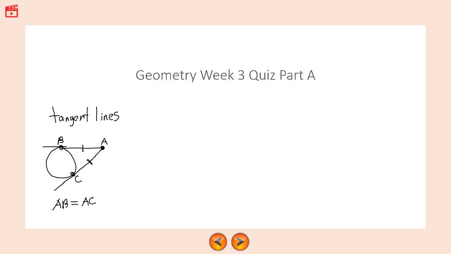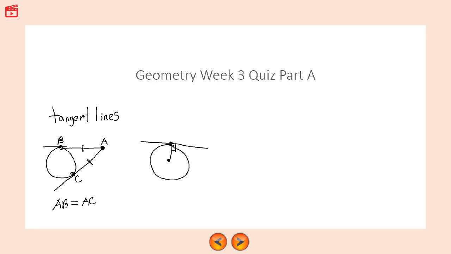Other relevant stuff we needed to know involving tangent lines is that if you've got a circle, a tangent line touching the circle at just one point, and a line connecting the radius or the diameter to that same point, they're going to be meeting at a right angle.